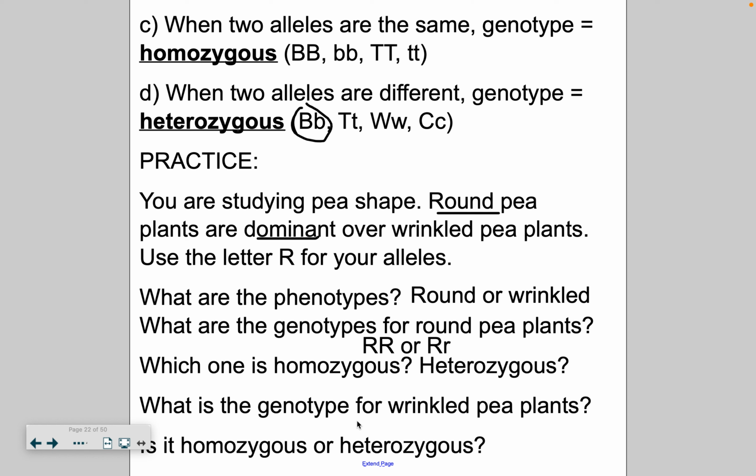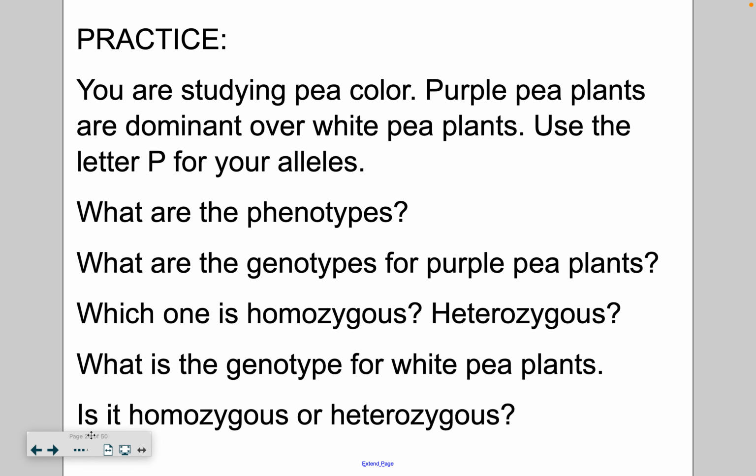What is the genotype for wrinkled pea plants? Okay, genotype means letters. So what does it take to be wrinkled? Well, wrinkled is recessive, and in order to show the recessive trait, you need two lowercase letters. So it's going to be little r, little r. Is it homozygous or heterozygous? Well, the letters are the same, homo, so it's going to be homozygous.